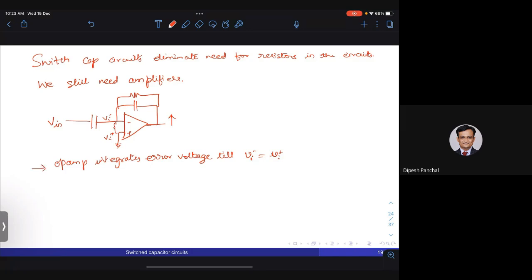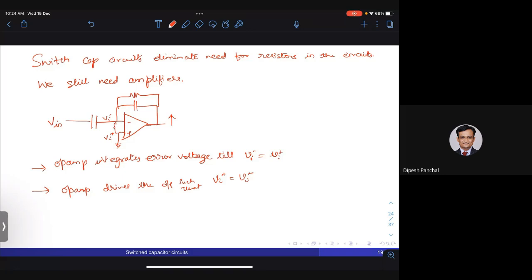To put it another way, the op amp drives the output in such a way that Vi plus becomes equal to Vi minus.